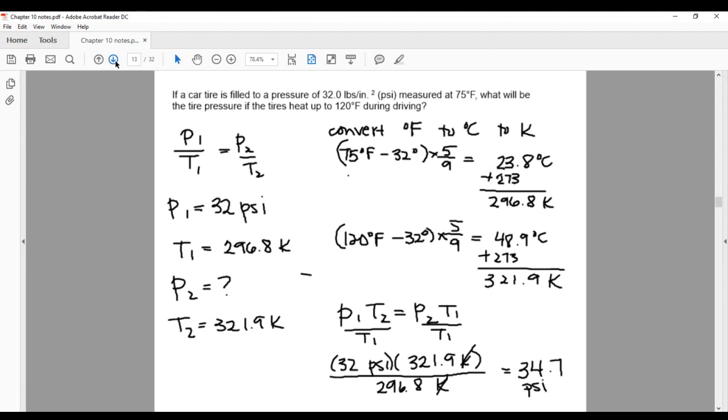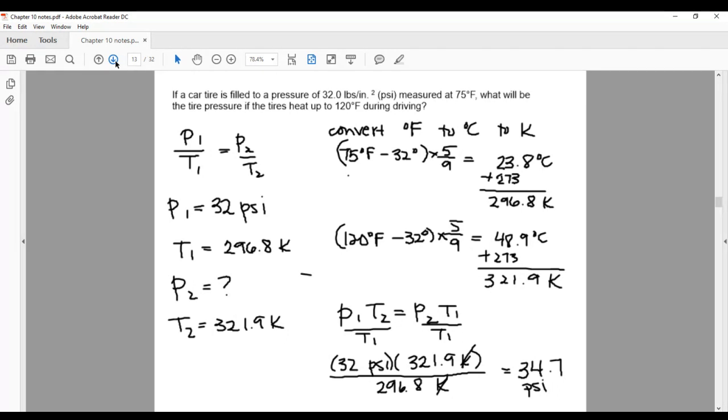And I'm looking for P2 because they wanted to know what the tire pressure would be if the tires heat up to 120 degrees. So when I set up my equation, I am going to set it up so that I'm solving for P2. So you can see here I've cross multiplied P1 times T2 equals P2 times T1. And I divide both sides by T1 so that I can get my P2 by itself, my second pressure.